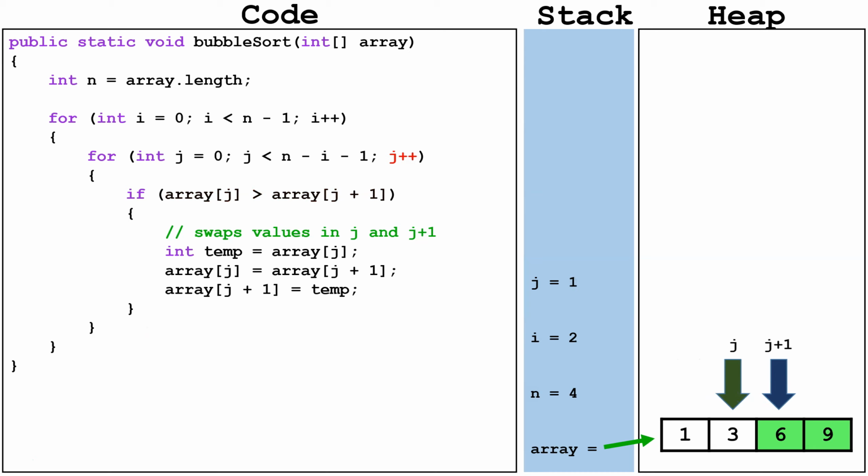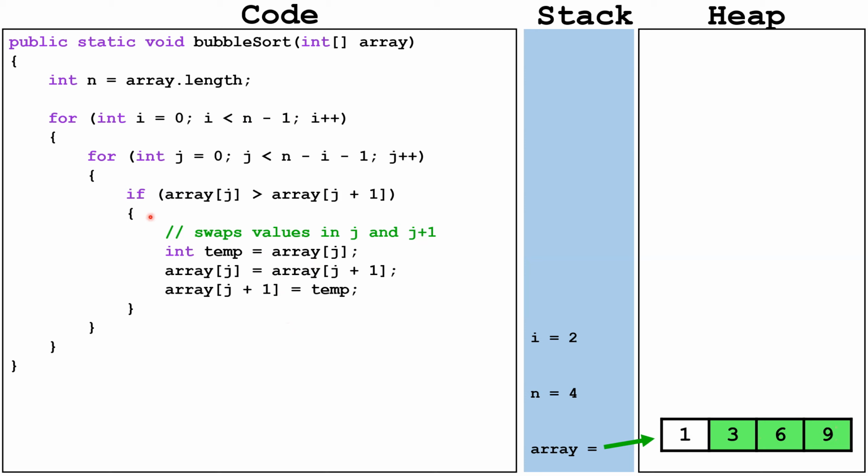We get to the end of the internal loop and we increment j by 1, so now j is 1. We check, is j less than n minus i minus 1? It's not, so we terminate the internal loop. So now we've gone through the internal loop 3 times, and we've sorted the last 3 indexes in this array.